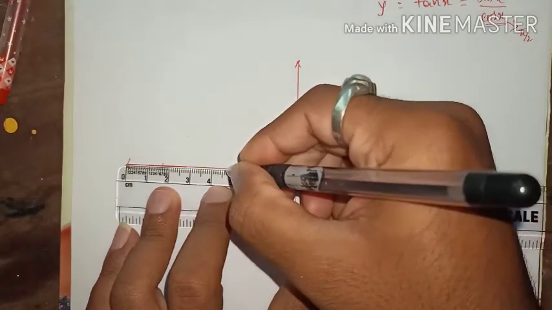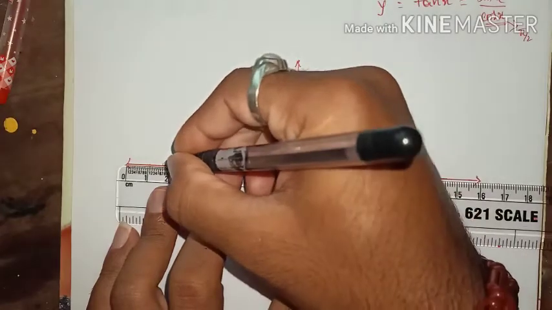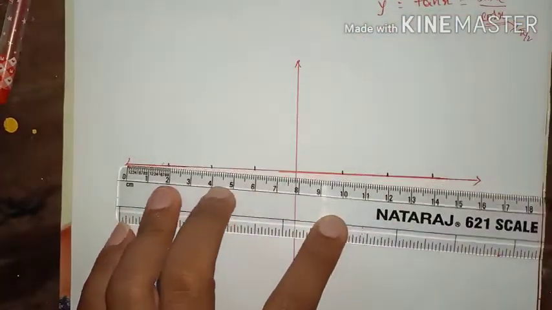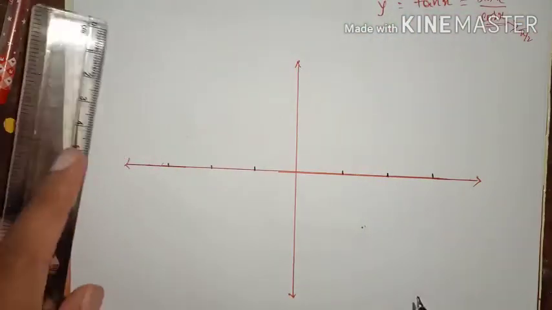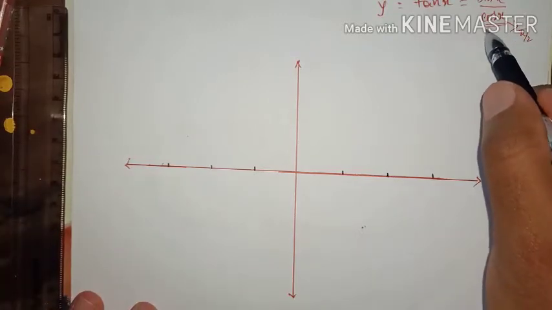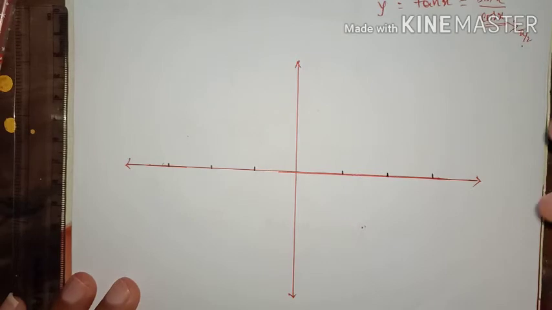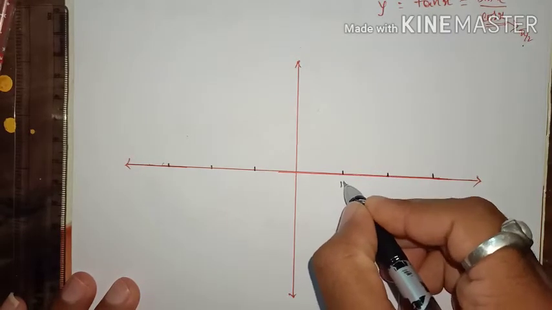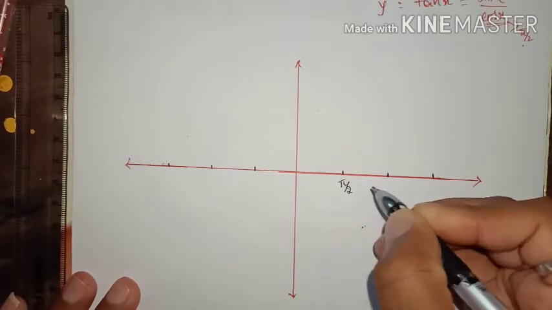So as I told you, the denominators will be 0 at pi by 2. So then let me take this one as pi by 2.